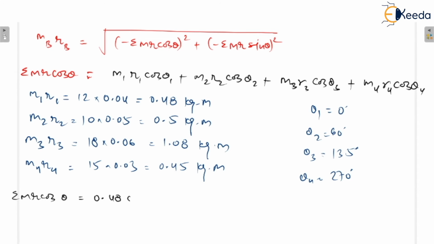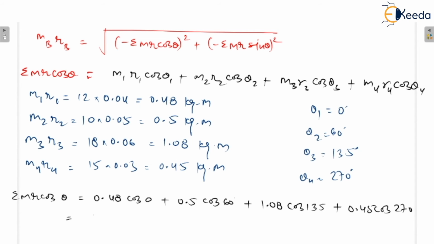That would become 0.48 cos 0 plus 0.5 cos 60 degrees plus 1.08 cos 135 plus 0.45 cos 270. So you just have to calculate this.